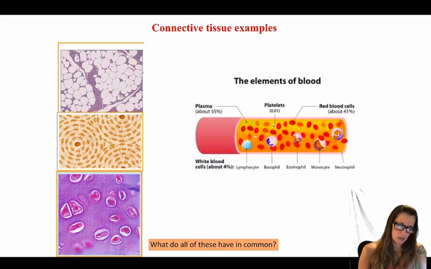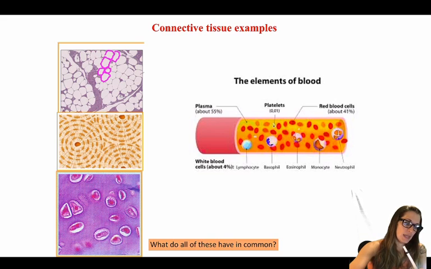What color should I use? I'll use purple. These are all different types of connective tissue, and it doesn't really matter which connective tissues. And I'm outlining the cells for you. All of these little blobby things here are cells, and you can't really see it on this image, but they all have a nucleus that's pushed out on the edge of the cell. I'm not going to outline all of them, but these are all cells of one type of connective tissue.